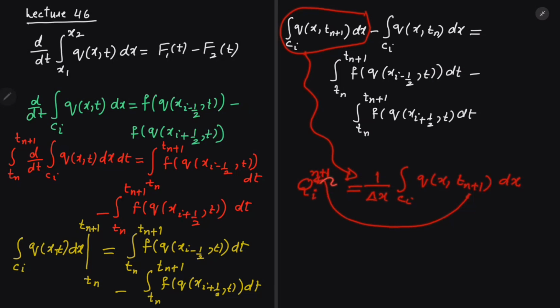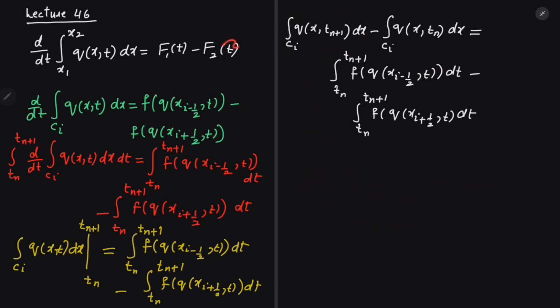So that is Q^{n+1}_i. The left hand side only becomes Q^{n+1}_i if we divide by delta x, so we divide by delta x everywhere.